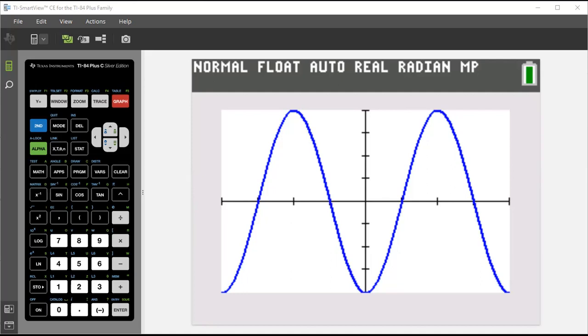So -3. Oh, I'm sorry, 0. Sorry, they'll start the same. -3 is next. 0. Positive 3, and 0. All right, so it looks like this. Down to negative 3, up to 0, up to 3, and then 0. All right, so you're sketching it just like that.